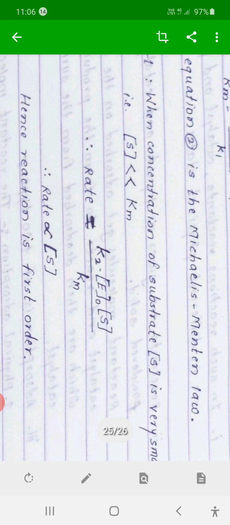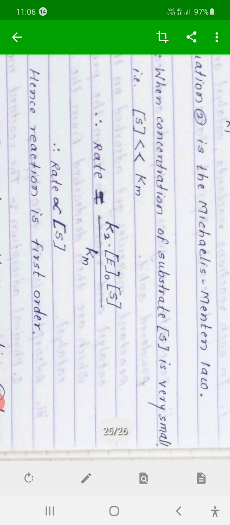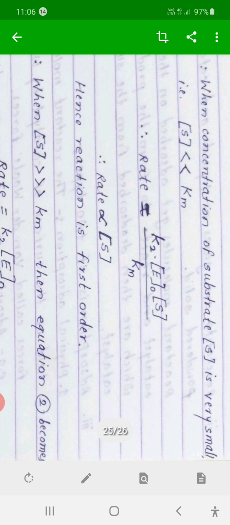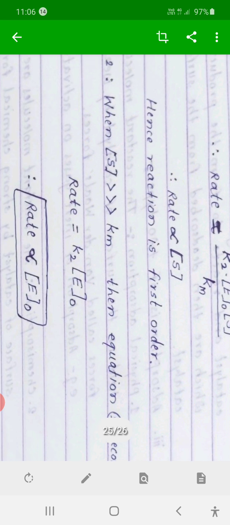First is when the concentration of substrate S is very small, then the rate becomes proportional to the concentration of S, hence the reaction is first order.